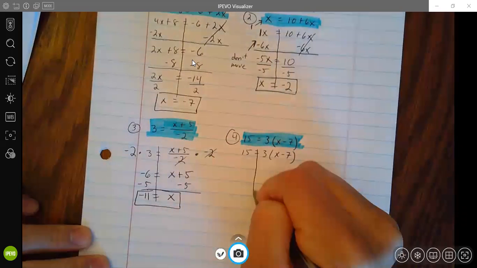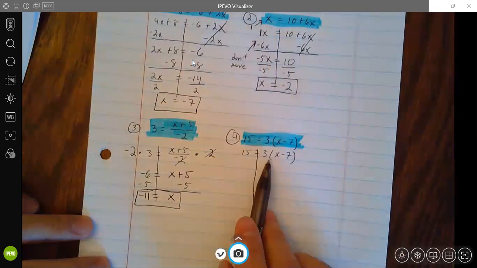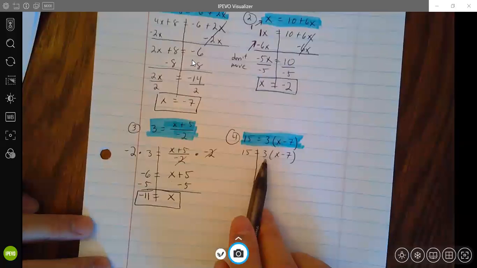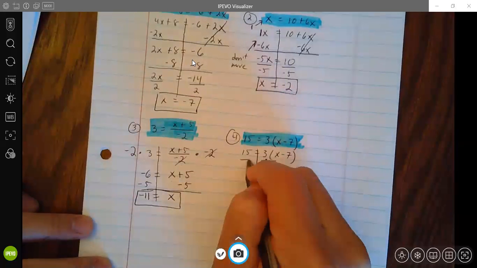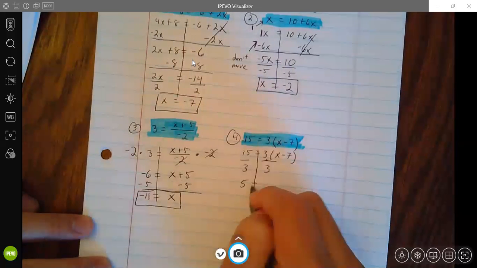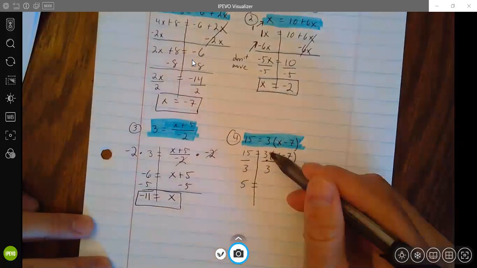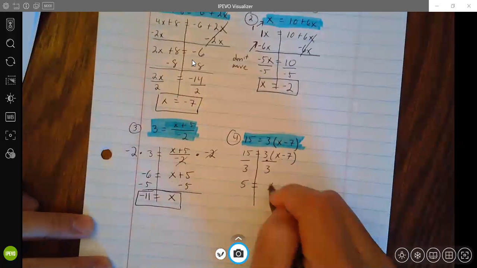Here's my equal sign. When you have the parentheses like this, okay, you want to divide out that 3 first. Let's go ahead and divide out that 3. Divide out the 3. 15 divided by 3 is 5. That 3 divided by 3, that just gives you 1. Okay, 1 times x minus 7. Well, that just leaves this x minus 7.